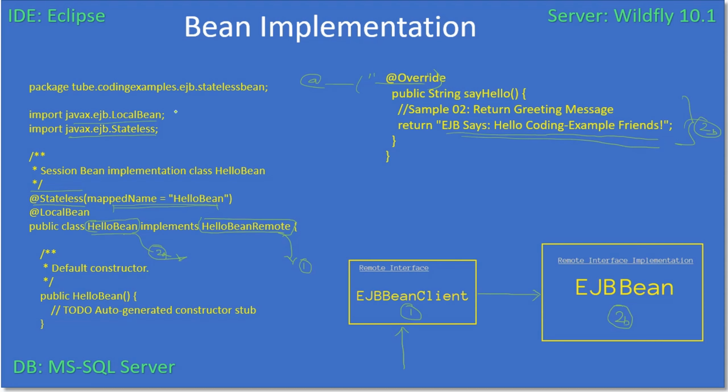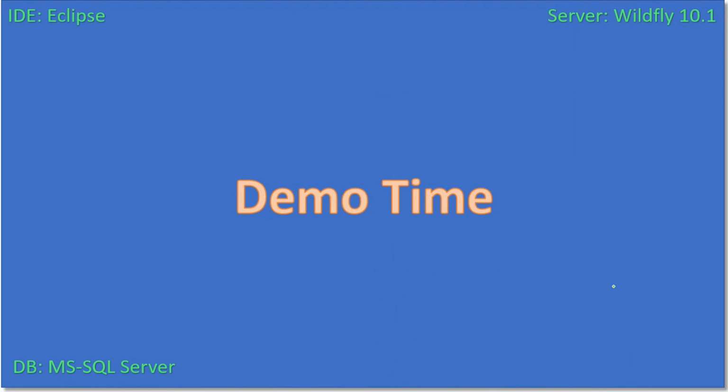So it's added by the UI itself, but what is important is javax.ejb.Stateless. So that's what is imported by the IDE. So when we write the code, that time you will see the package that will get imported. All right, so now we have 2 pieces of code ready, EJB Bean client and EJB Bean. Now let's go to the demo.